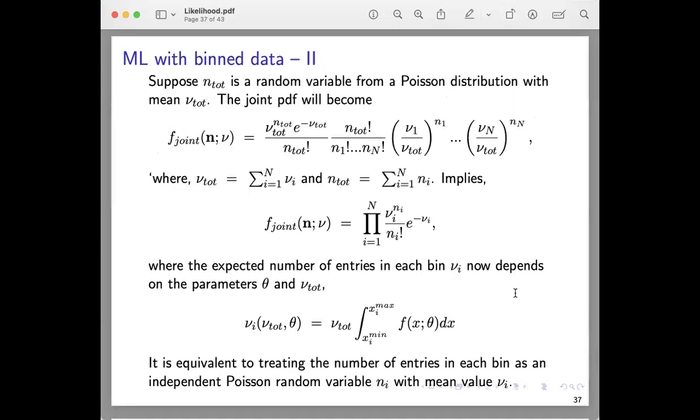You can do this kind of exercise with some pseudo data: generate some data with a different number of events, play with the bin size, and see what you get as the fit value and the error, as well as the chi-square value.